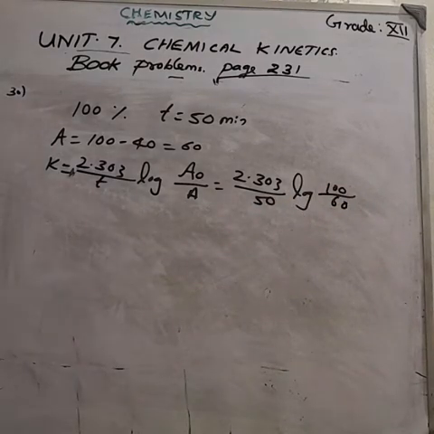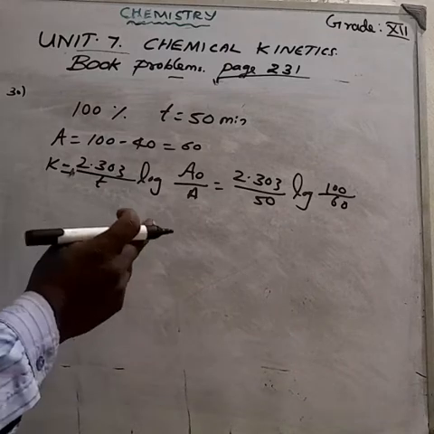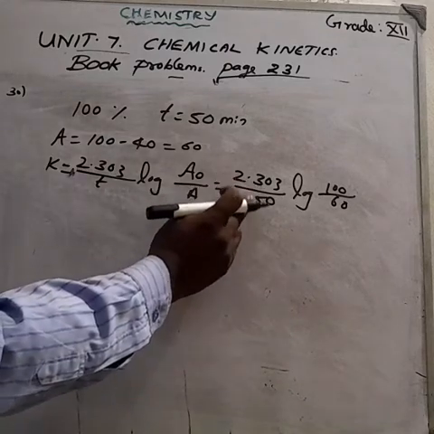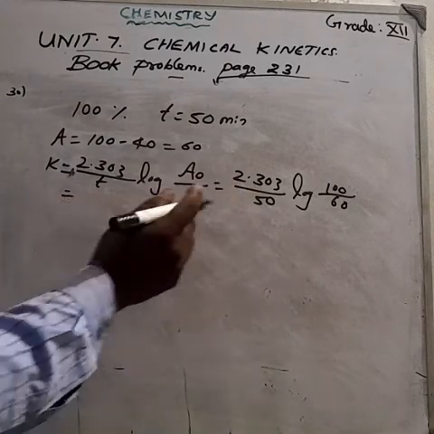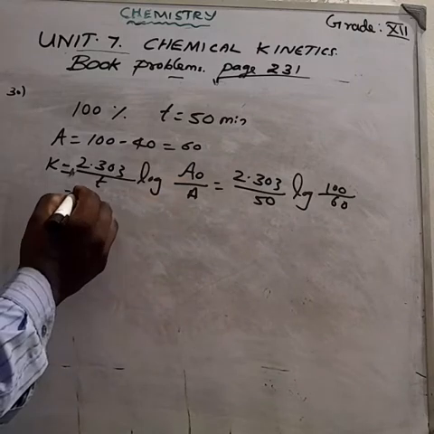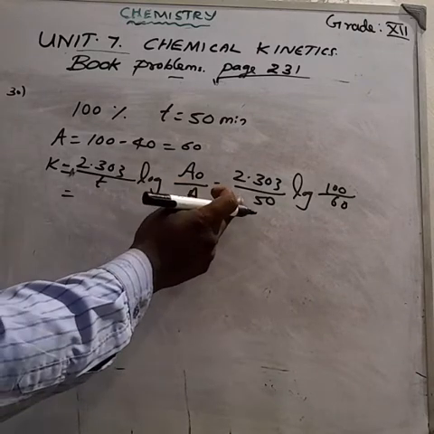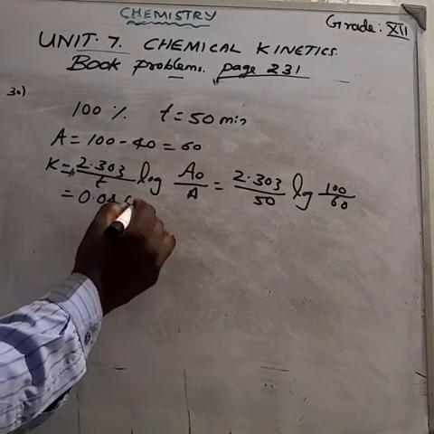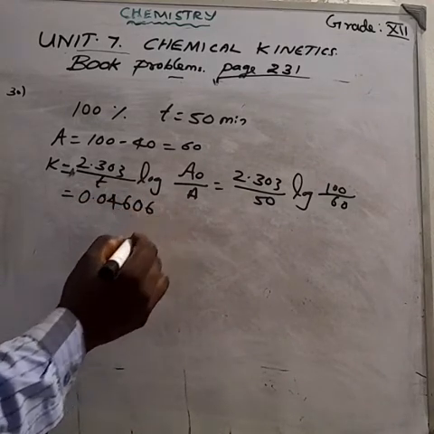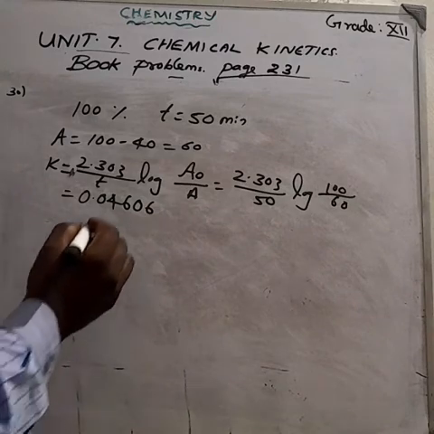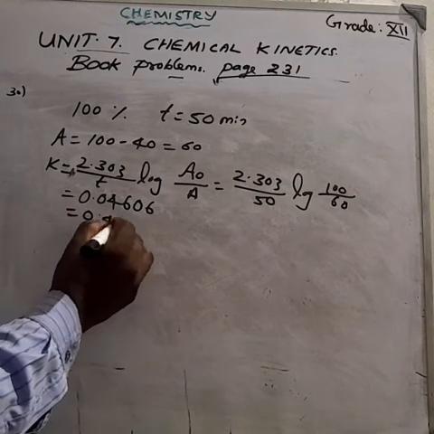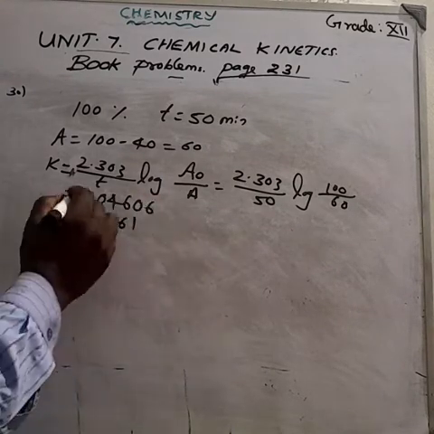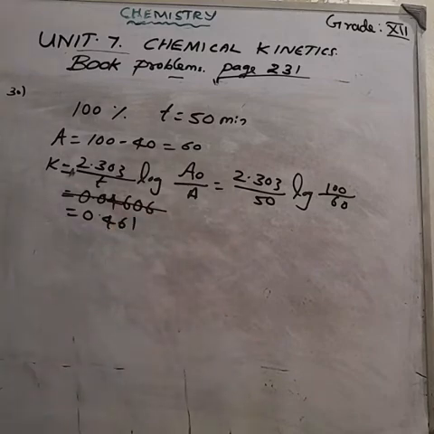First you have to divide here. 2.303 divided by 50. I get an approximate value that is equal to 0.04606, that is equal to 0.0461. Log 100, we know that one.